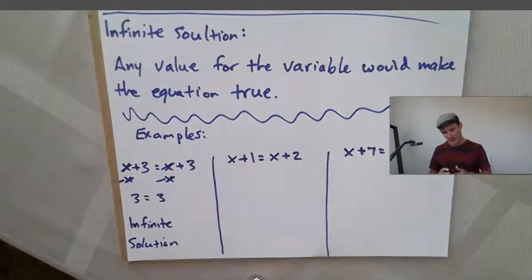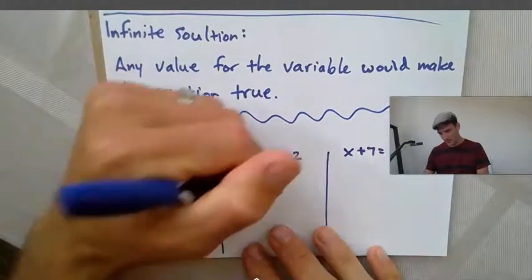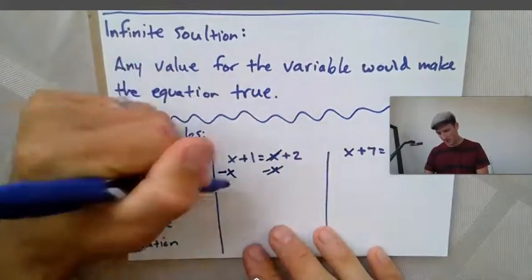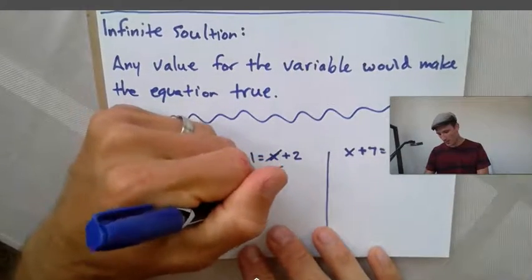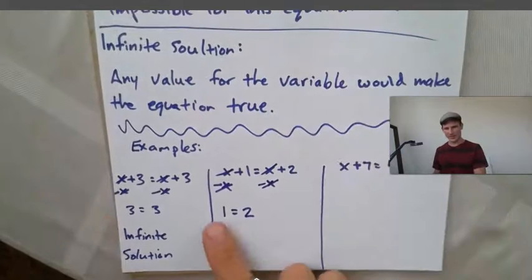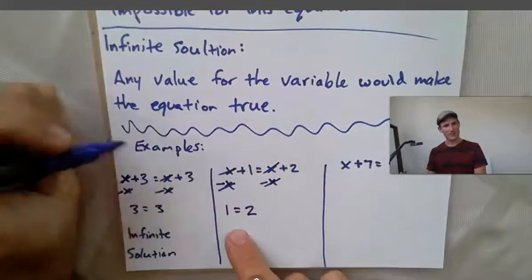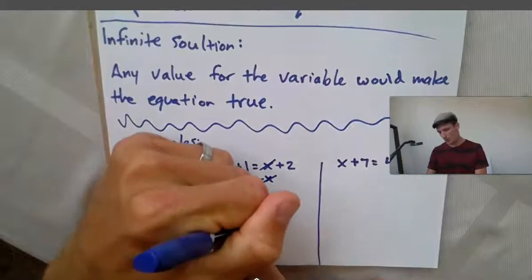x plus 1 equals x plus 2. Well, let's move the variables around. Subtract x from both sides. That cancels, and those cancel. What am I left with? 1 equals 2. What do we think? Is that true? It's never ever going to be true. So that is no solution.